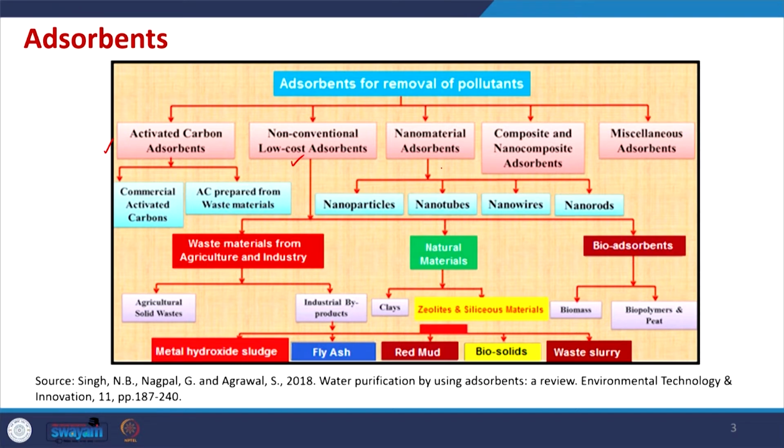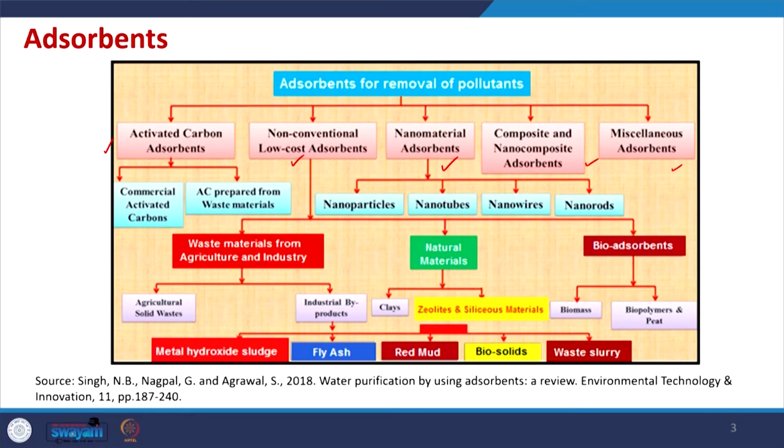We may have composite or nanocomposite adsorbents for various applications, and then various miscellaneous adsorbents also. The activated carbon adsorbents are most common, and they are commercially used in most cases for water or wastewater treatment. In addition, other types of adsorbents like low cost adsorbents are also being developed and used in water treatment.